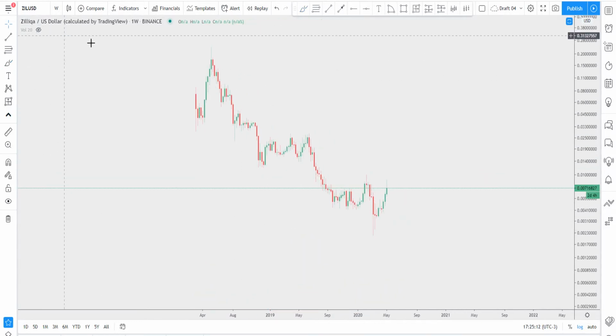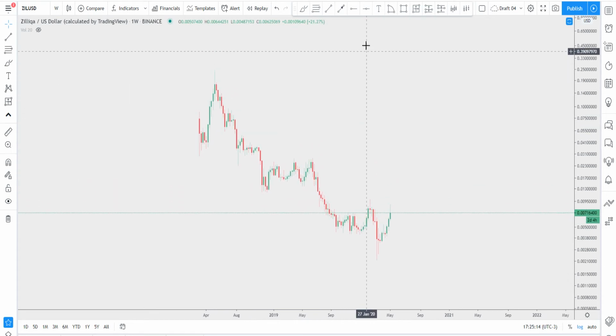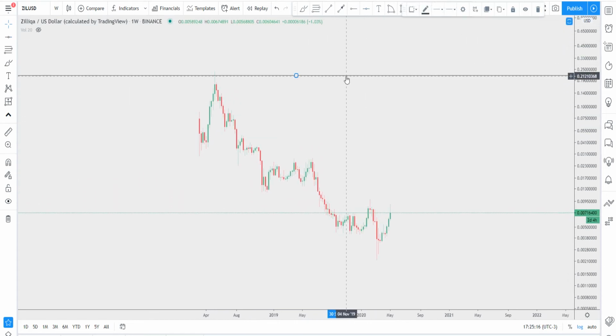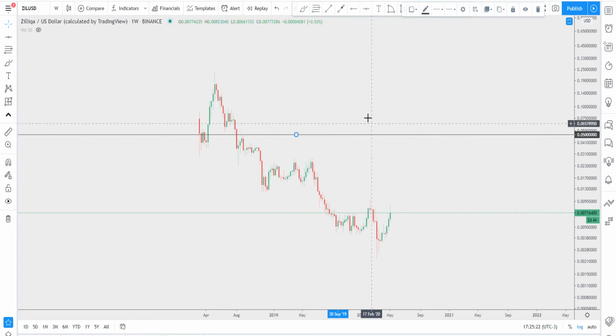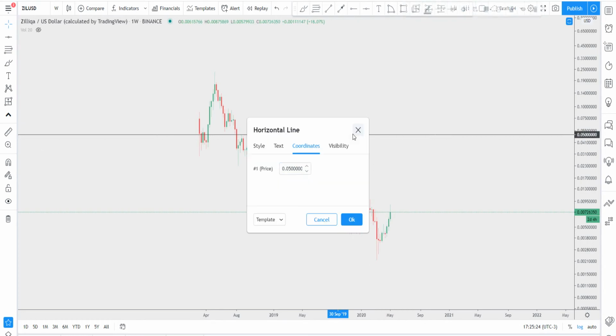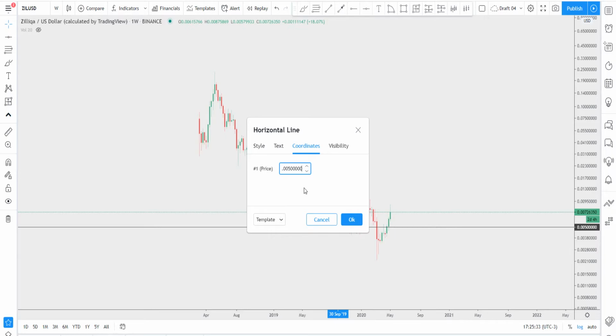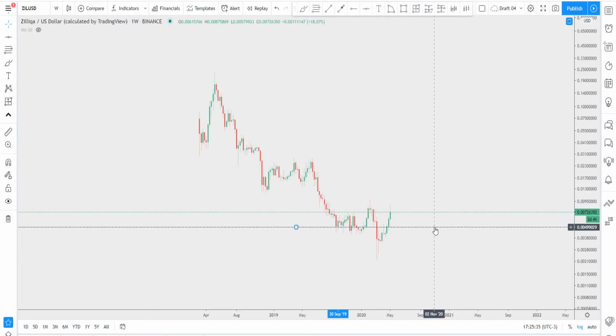And now let's look at the key levels. Just a second. I believe there's another zero here. No, just a second.